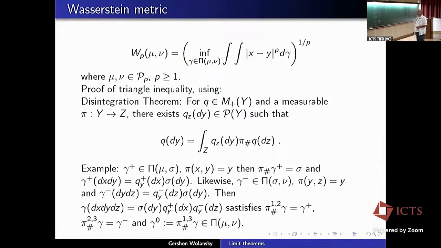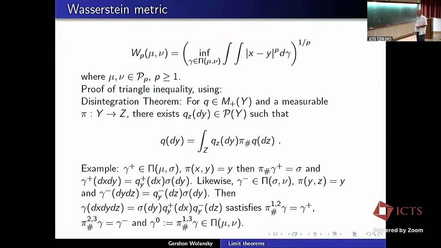According to this rule, this will be the integral with respect to the measure sigma over q plus. And it's the same thing for gamma minus, with this projection which maps on the first component, so we have this integration of gamma minus.